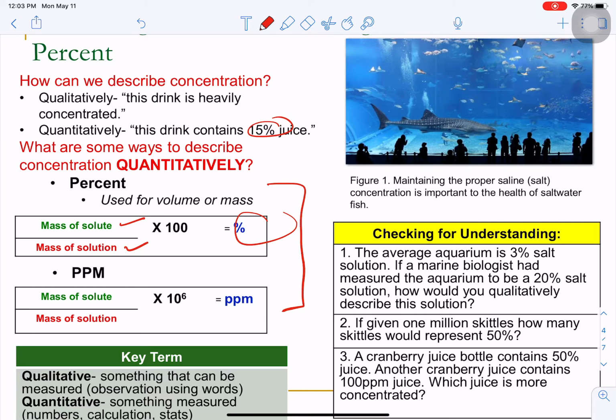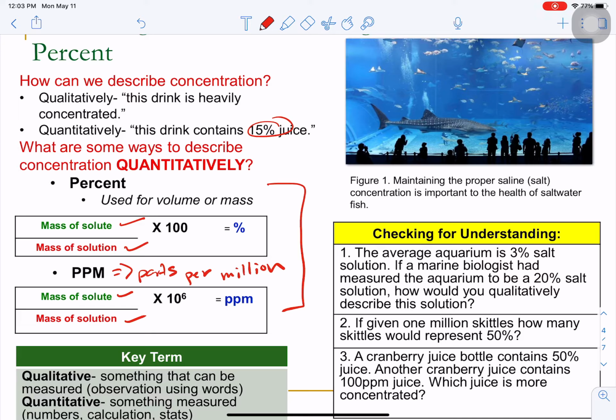That's it. Then our next one is ppm. That's parts per million. Notice how it's the same exact calculation as previous. It's just the mass of the solute over the mass of the solution.